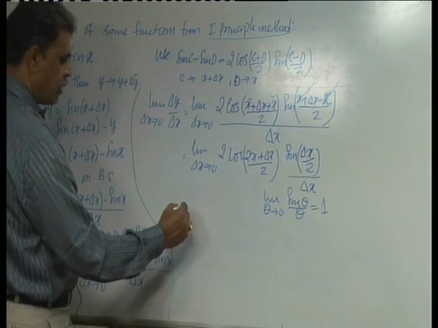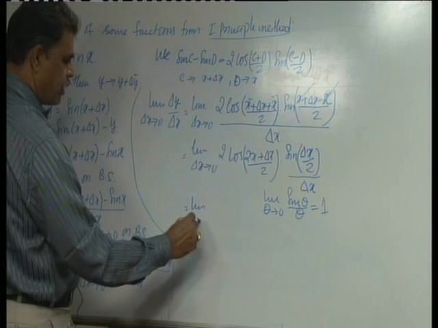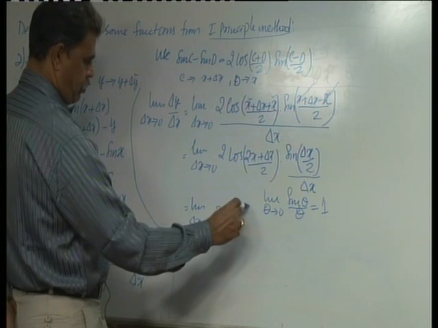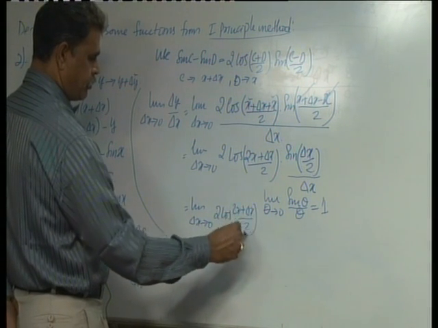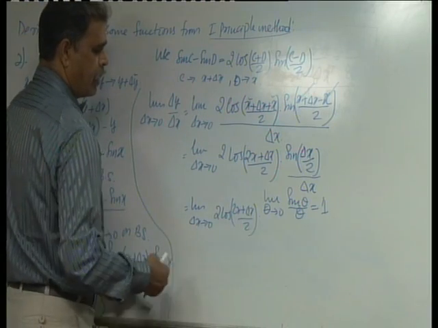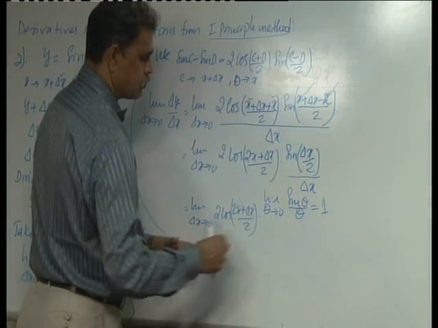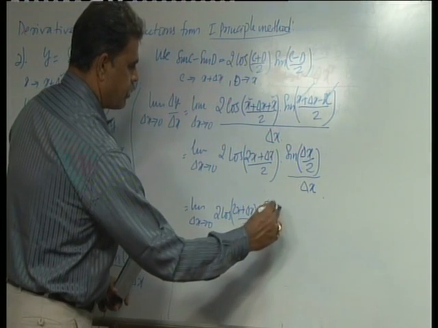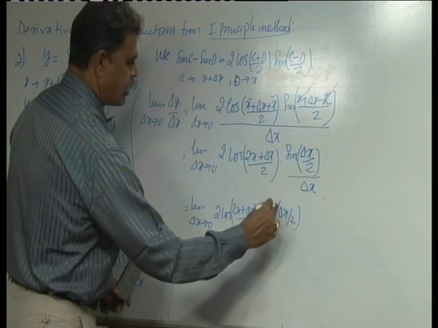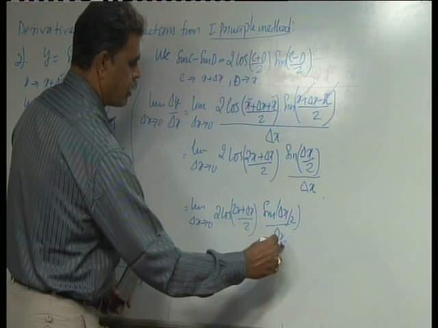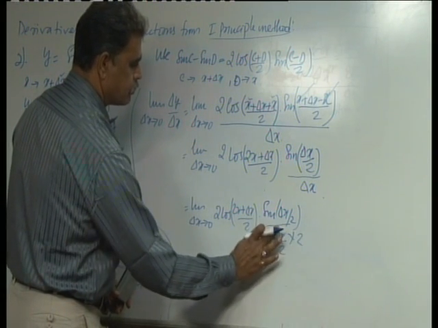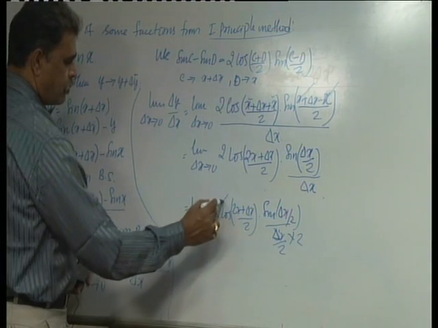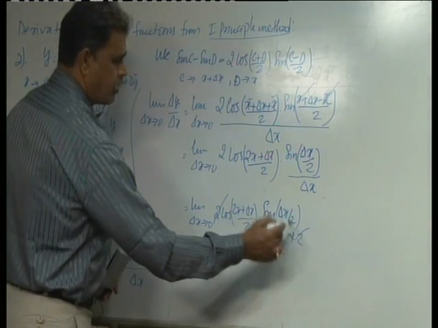You can convert that into standard form as limit delta x tends to 0 of cos of 2x plus delta x divided by 2, into sin of delta x by 2. For that I will multiply and divide by 2. This 2 and this 2 get cancelled.